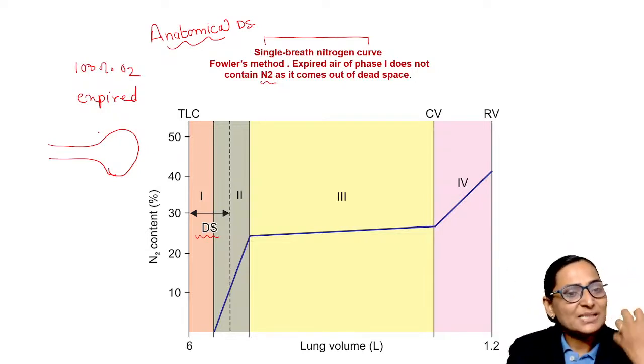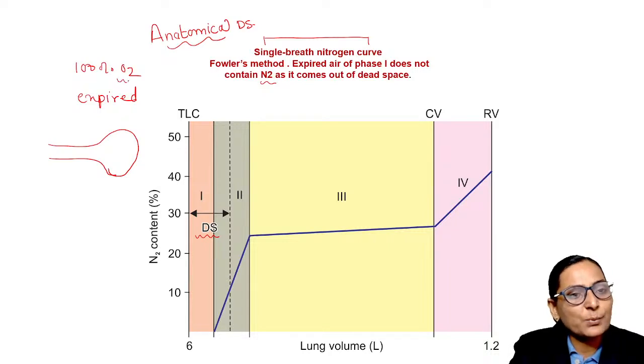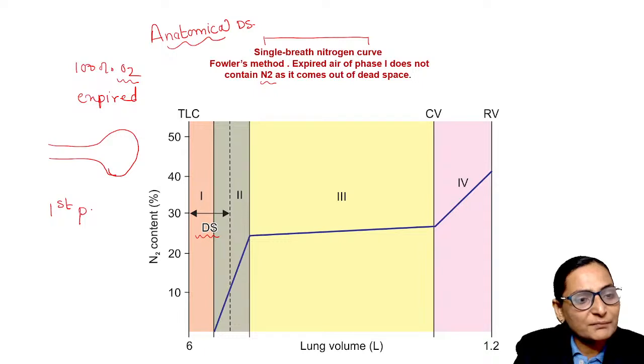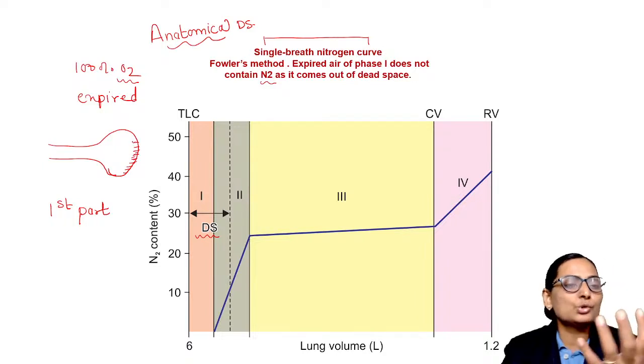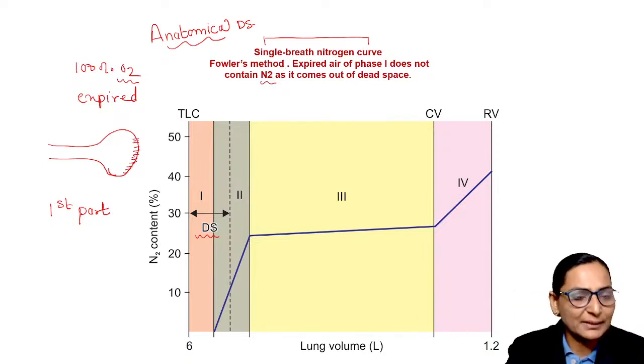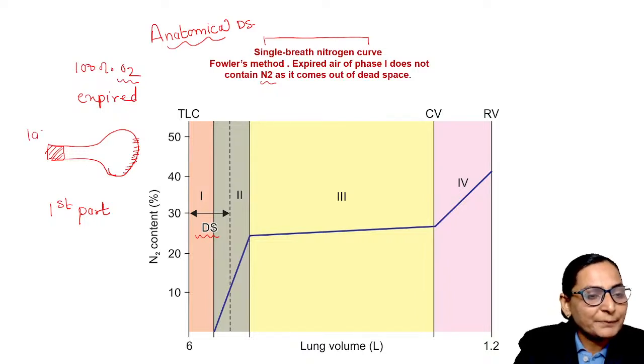When you inspire a known volume of air, like in this case 100% oxygen, the first part of the inspired air is going to go towards the end of the alveoli, deep inside. And this portion will be the last part of the inspired air.